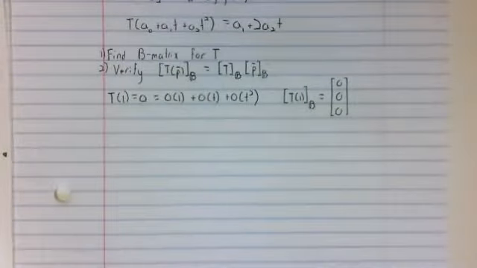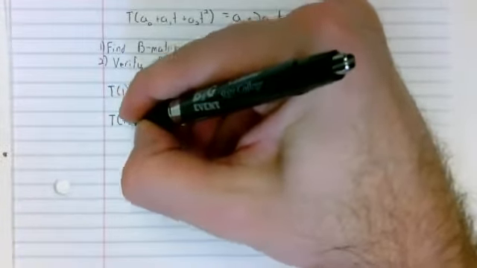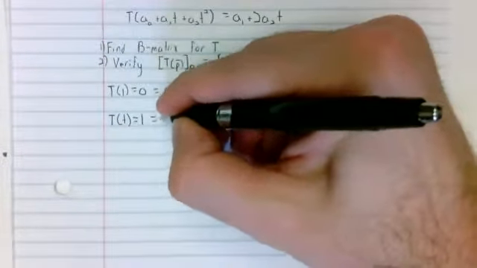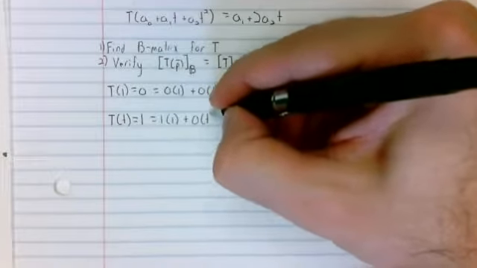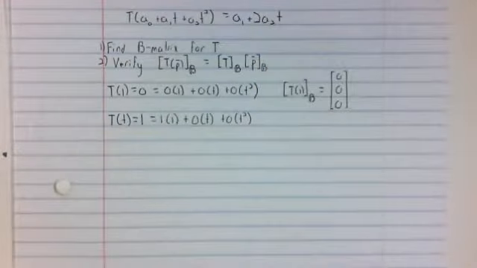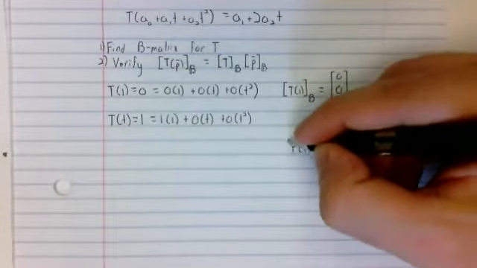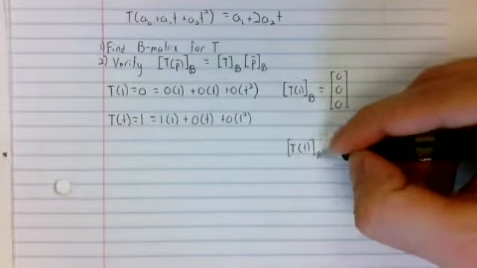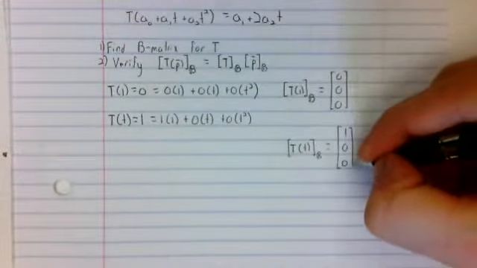So there we are with the first basis element. The derivative of 1 is 0. Applying it to the second basis element, the derivative of t is 1, so that's 1 times 1 plus 0 times t plus 0 times t squared, and that gives us the second coordinate vector.